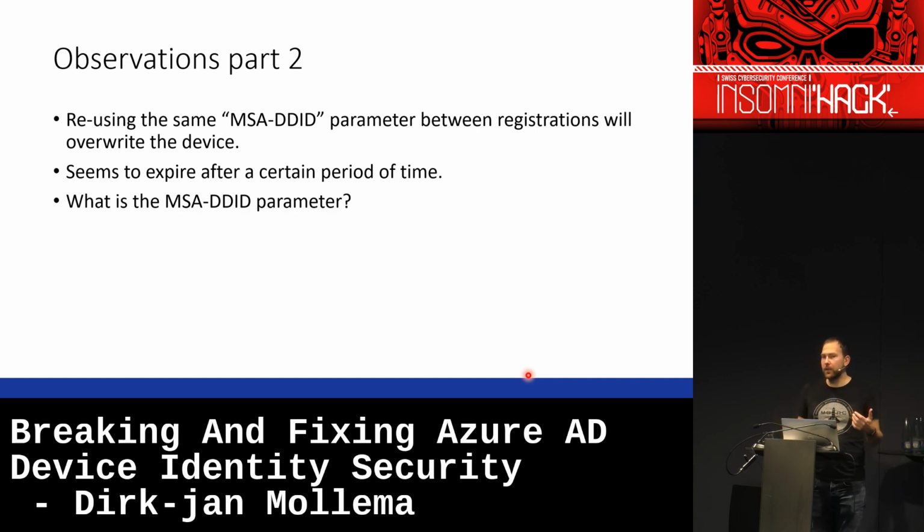So this is apparently something that is really tied to the device, and it knows the device hardware based on this ticket. It does seem to expire after a certain period of time, so it's not something fixed. So it is a device ticket for your device, but it's not related to Azure AD basically.